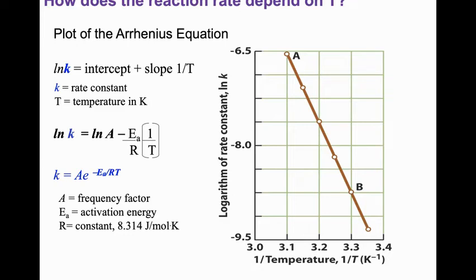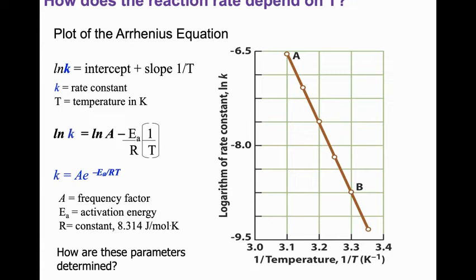We can think about it in this linear way, or we can think about how temperature influences the value of k in an exponential way, right? k is equal to A times the exponential of negative Ea over RT. So if we increase temperature, k becomes larger. It increases the rate constant.